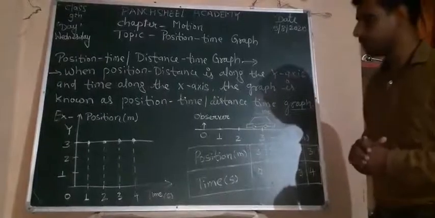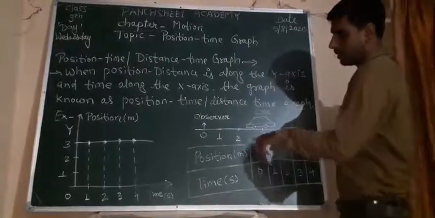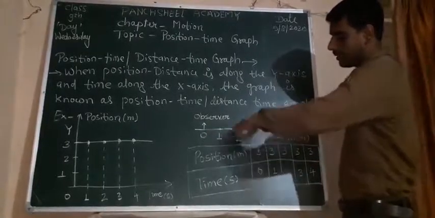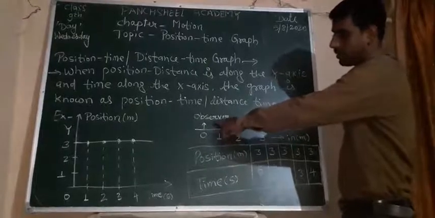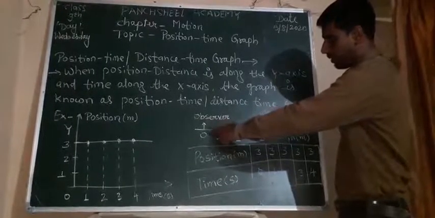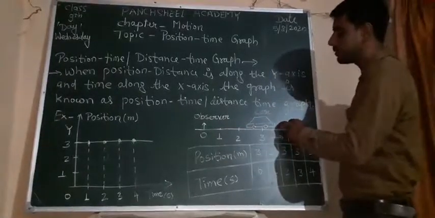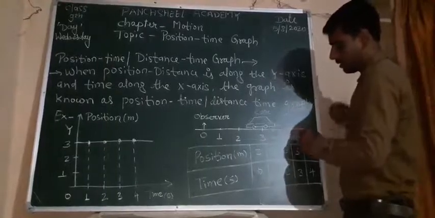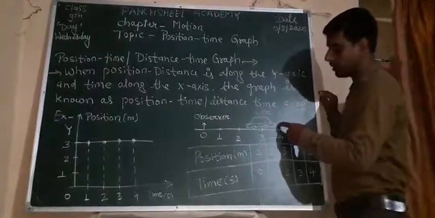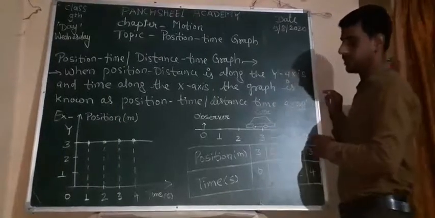For example, suppose observer is standing here and the car is kept at 3-meter distance.